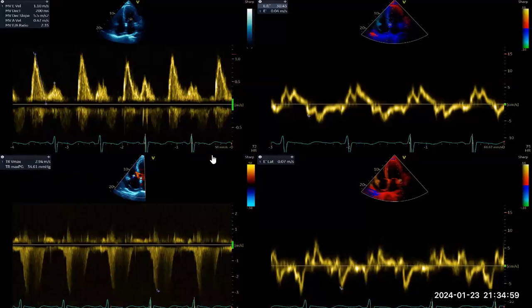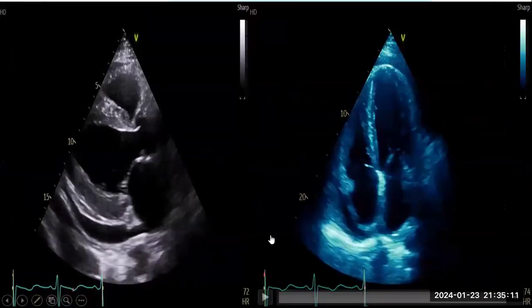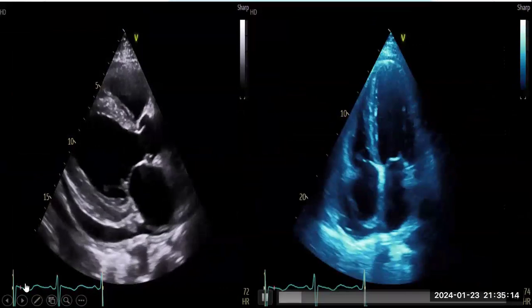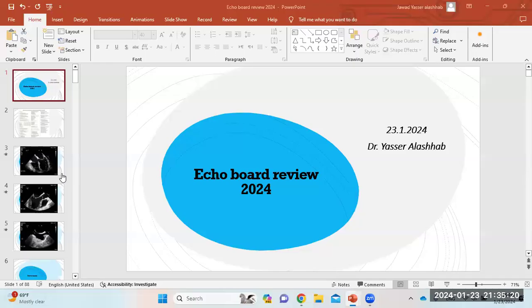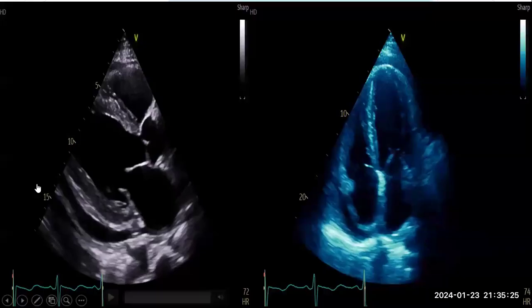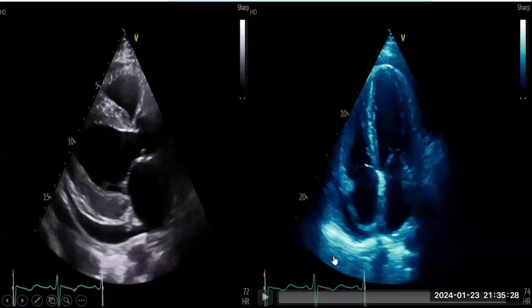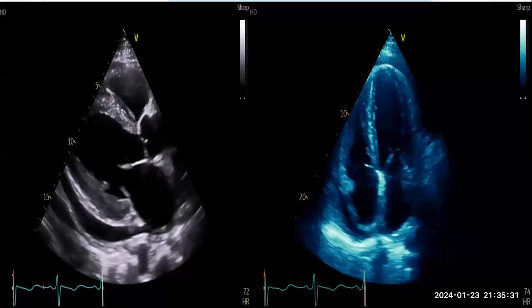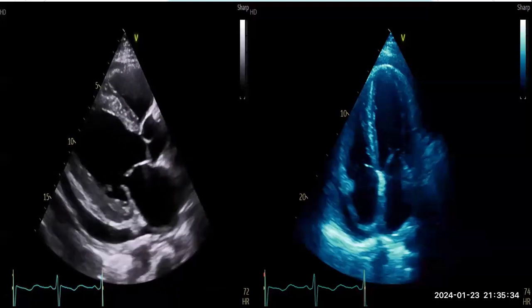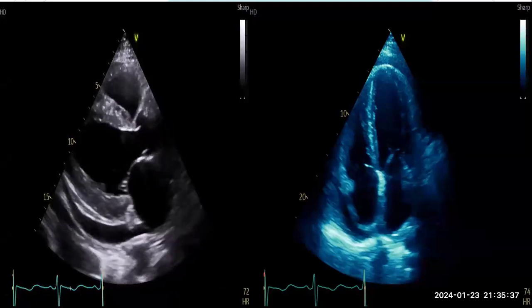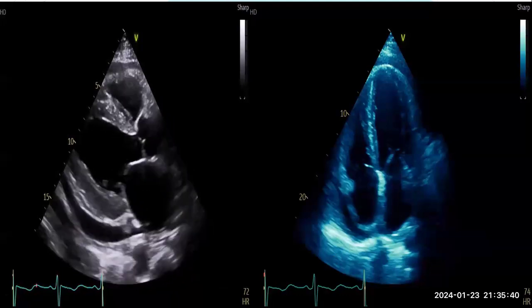Let's continue. Here we see two views. First, on the left, there is the long parasternal axis view, with thickened LV and dilated LV, with pericardial effusion.